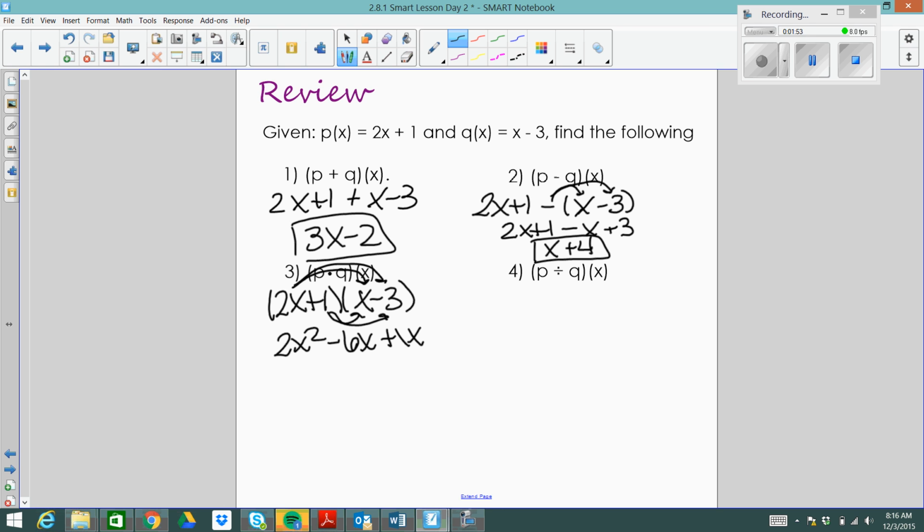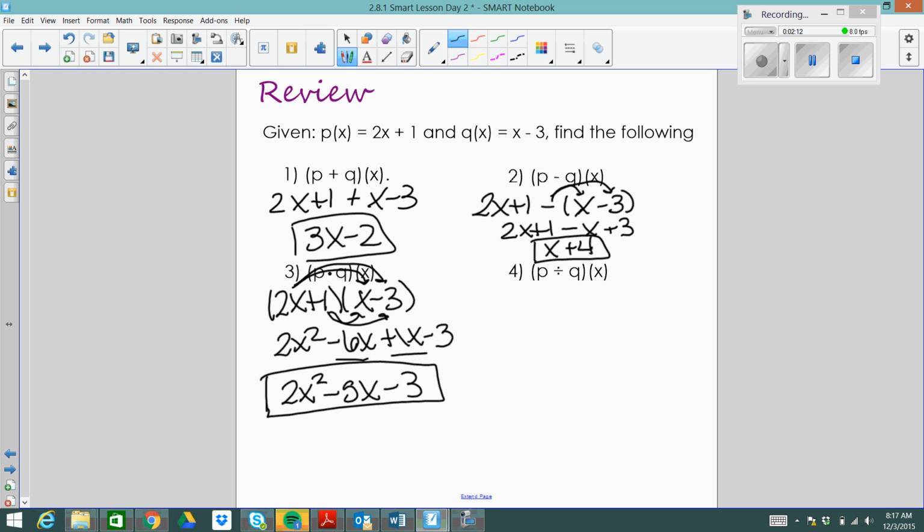And 1 times negative 3 gives me negative 3. So then we combine our like terms, the negative 6x and the positive 1x, and we get 2x squared minus 5x minus 3. None of those are like terms, so that's our final answer.